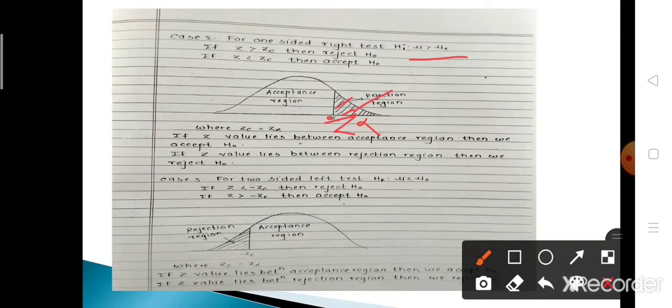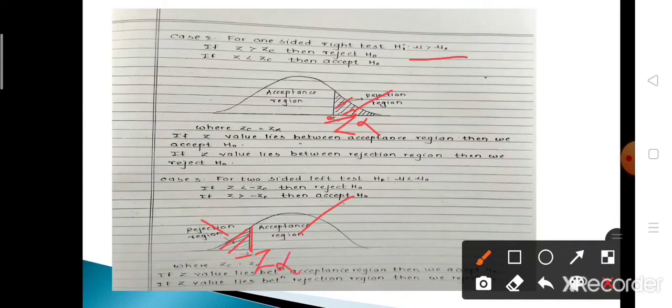Similarly, for one-sided left, there is only one rejection region, which is situated to the left side. This one is the rejection region, this one is the acceptance region. The critical value is nothing but the negative table value, and here the table value is Z alpha for the one-sided left test.